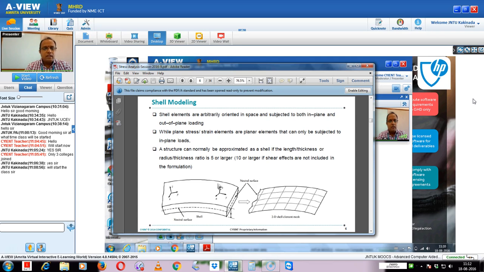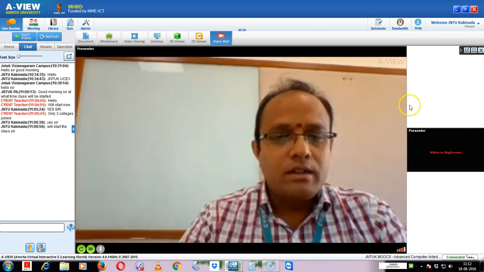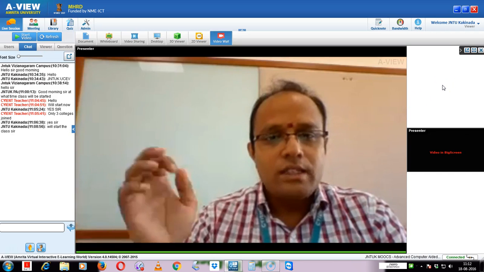The important difference between shell elements and plane elements is that plane elements can be used only for plane areas, which are on or in plane. That means the complete cross section or complete area should be in one plane, so it should not have any curvature.